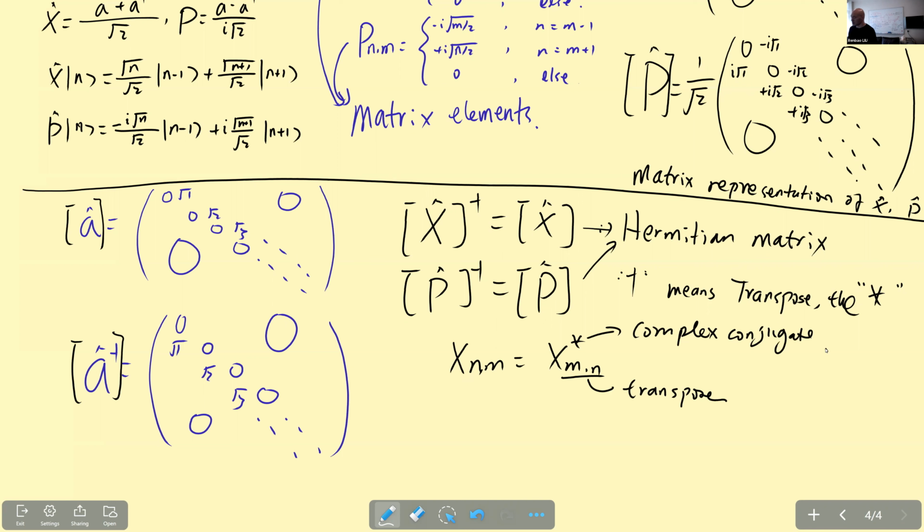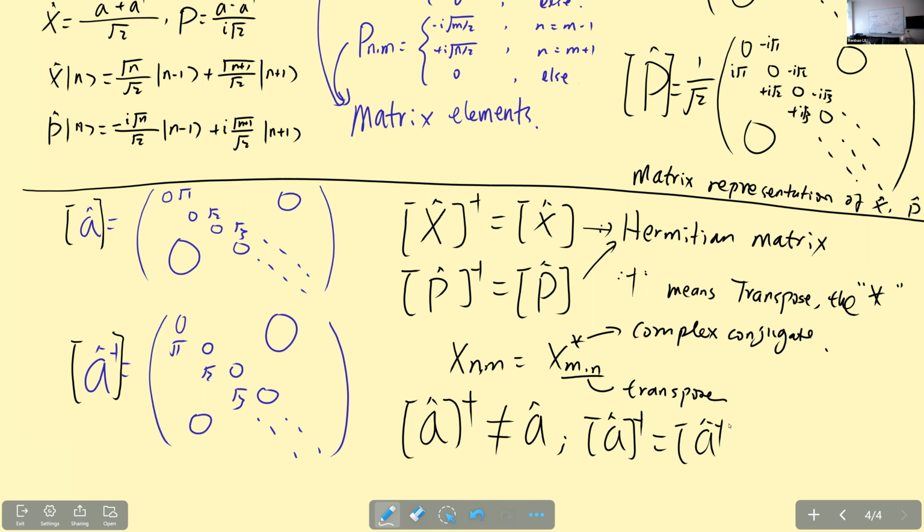If you look at the transpose matrix, you just exchange the index, right? So you make the column to be the row, and the row to be the column. But of course, you find that this A matrix, the Hermitian conjugate, does not equal to A. Instead, you have A dagger.